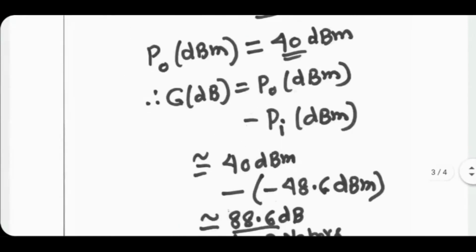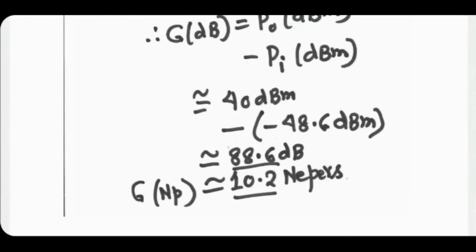Subtract the two to get the gain in dB directly. 40 dBm minus minus 48.6 dBm. That also gives you the same answer. Okay.